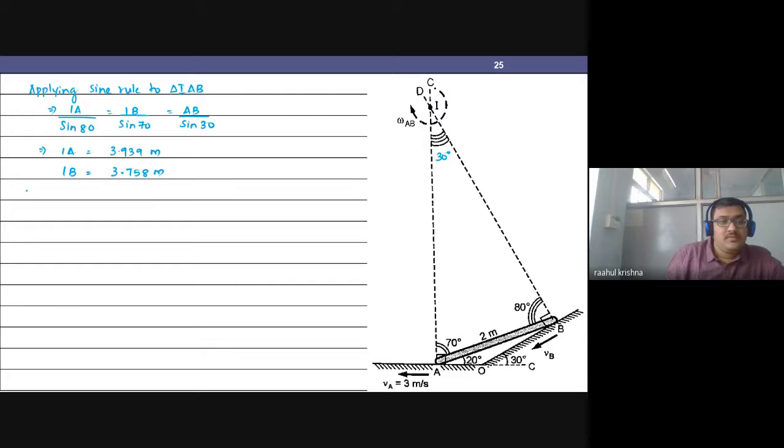Now it is given VA is 3 meters per second. This implies VA equals IA into omega AB.